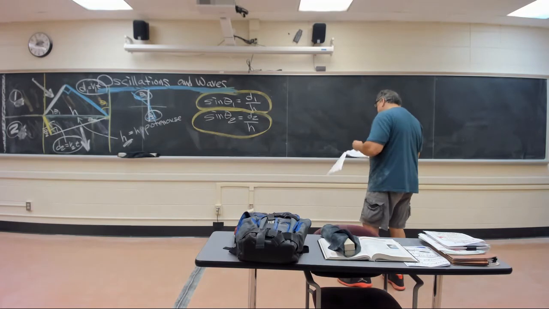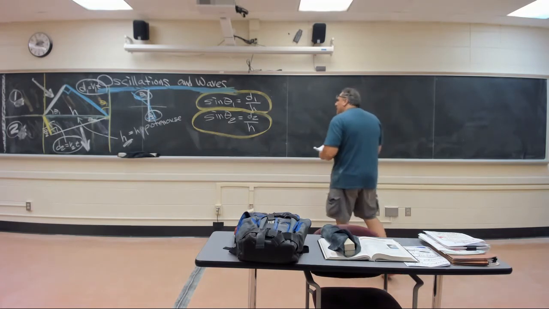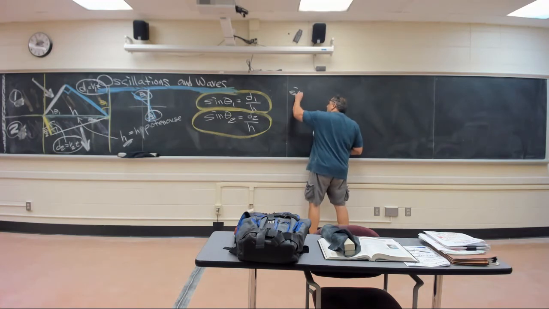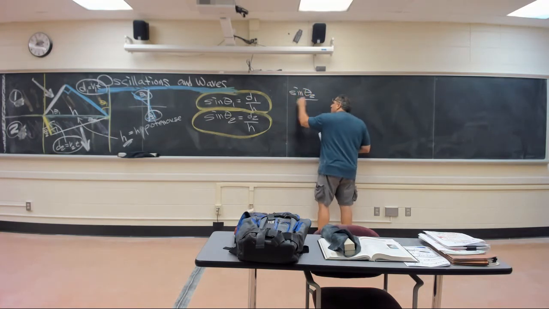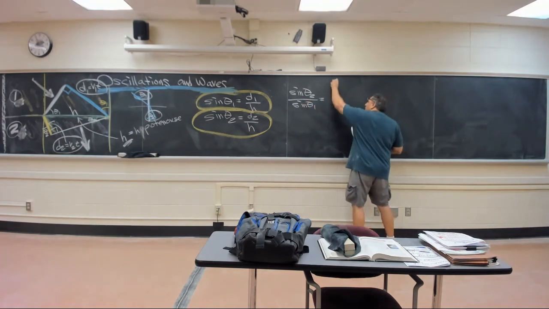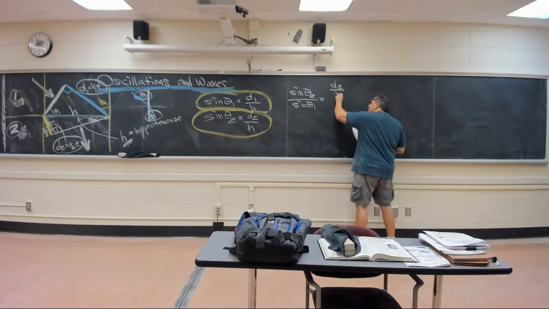Now what? The rest is pretty easy. Sine of theta 2 over sine of theta 1 equals d2 over h divided by d1 over h.